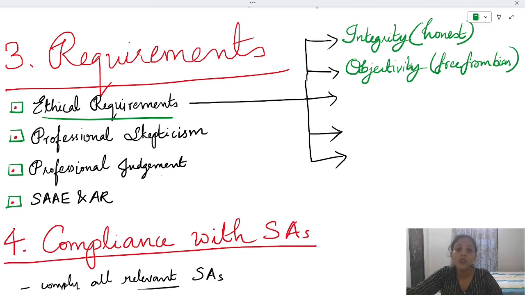Such things should not happen. You should be objective, you should give opinion objectively. That is objectivity. So the auditor should comply with integrity, objectivity, then comes confidentiality.